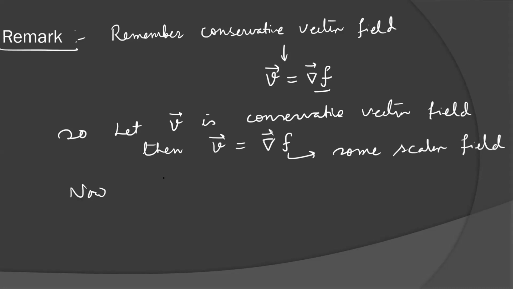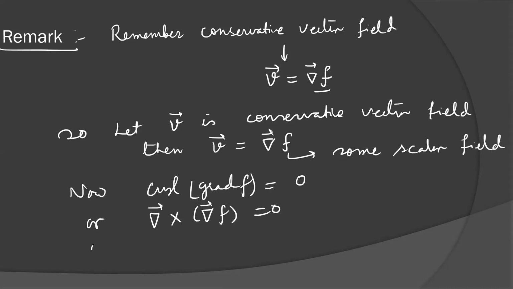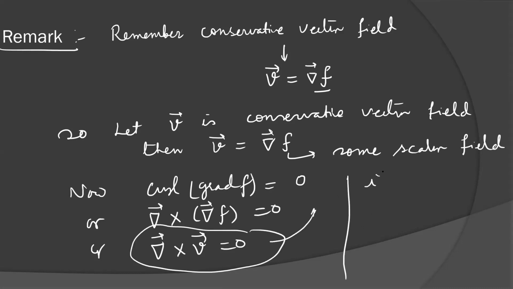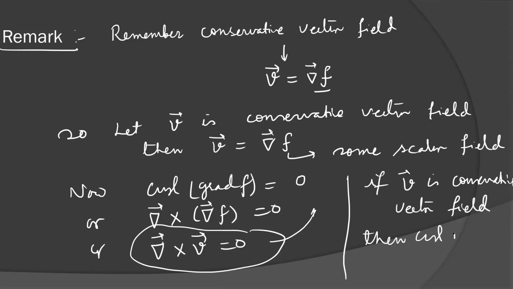Now we know that curl of grad f is 0, or del cross del f is 0, or del cross V equal to 0. So a very interesting result: if V is a conservative vector field, then its curl will always be 0.